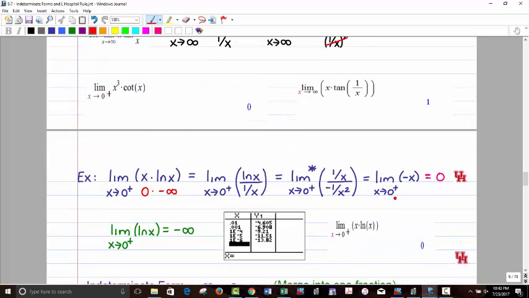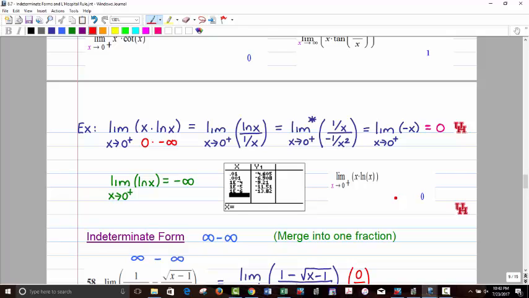Very good. So how about this one? x times ln of x. We do not drop the ln of x, so we have to drop the x. So dropping the x, I'm just showing it's 0. As you're approaching, and this time the plus has to be there strictly.